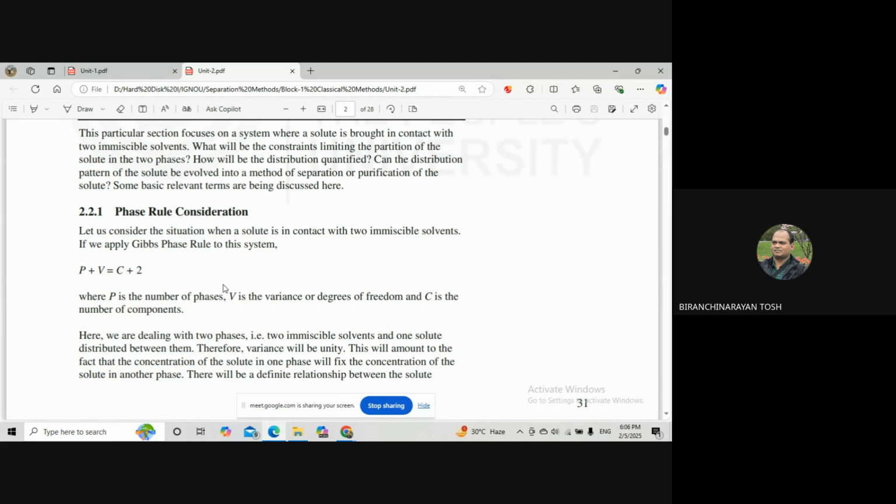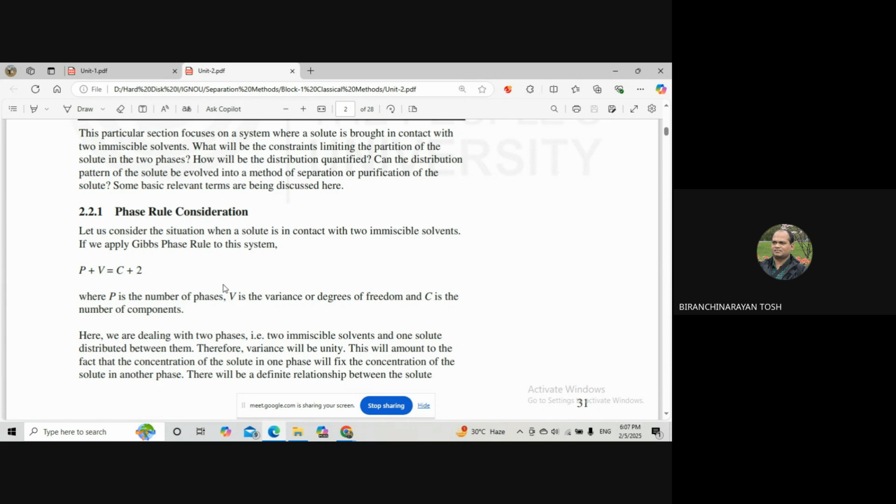That means, I repeat again the definition, phase is that part of the system which is uniform throughout. Why did I not say homogeneous? Homogeneous means, again you have to define what is homogeneity. Homogeneity means the concentration remains the same. That's why I said uniform throughout, or you can say homogeneous.